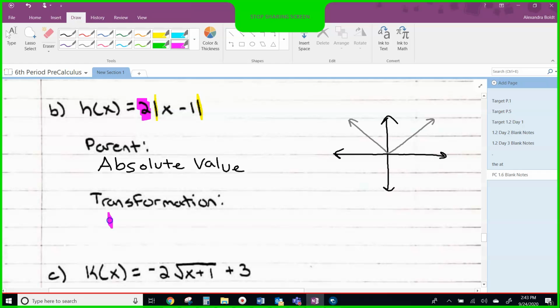So this is a vertical stretch. It's a vertical stretch by 2.